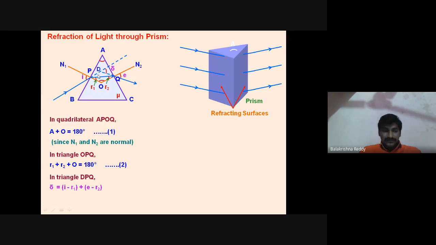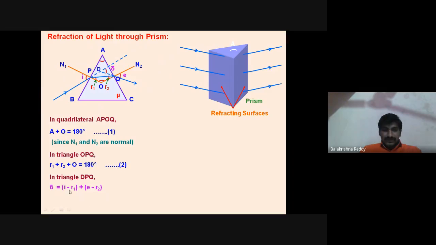From that rule, by subtracting this and this, the rest of the angle, that is the angular deviation delta, equals I minus R1. Then the rest of the angle is I minus R1 plus the emergent angle E minus R2.